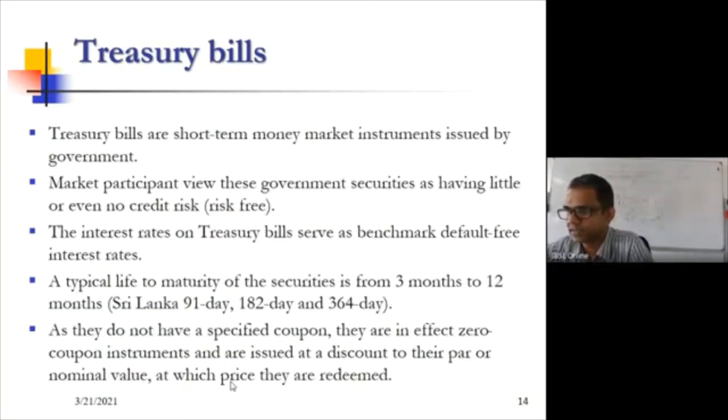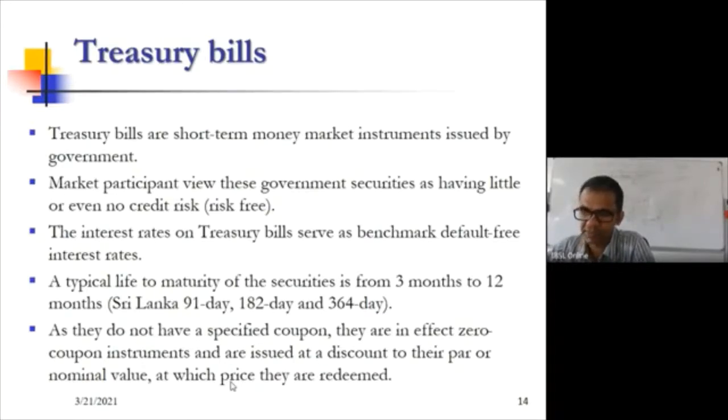Then treasury bills. So from this point onwards, again, pay attention, very important. You have to understand the characteristics and nature and the economics behind these products. So we are going to discuss treasury bills and their characteristics. How do we price treasury bills?